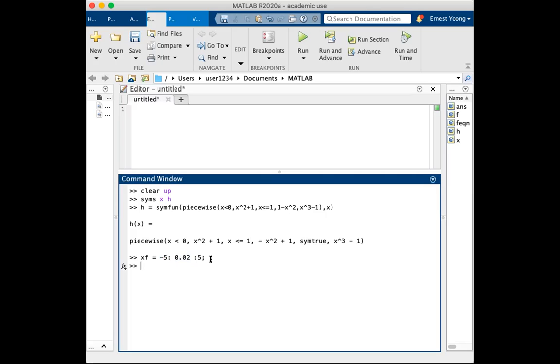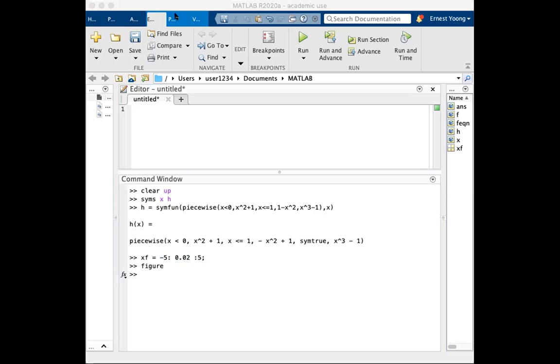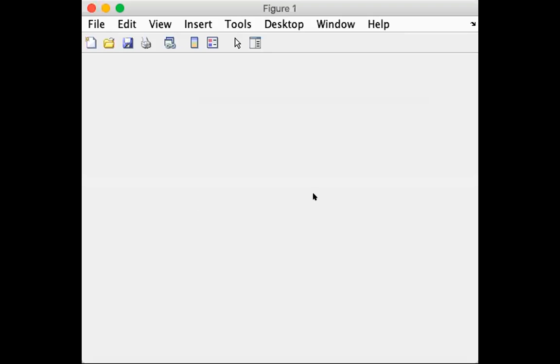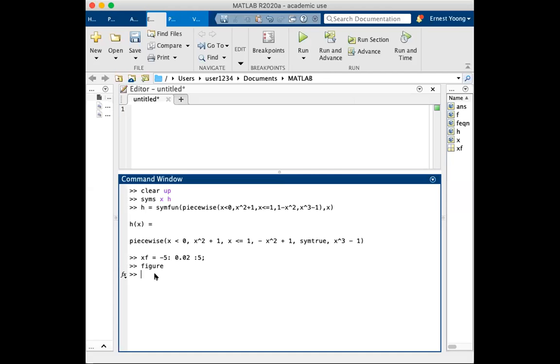Okay, then I'm going to plot the figure. When I press figure, it won't show anything yet, just an empty figure, because we have not yet plotted the graph. And next, since we need multiple graphs plotted on it, we need the function hold on.